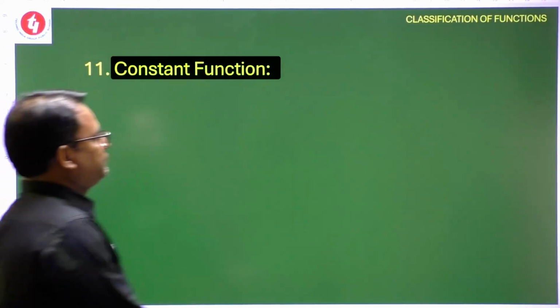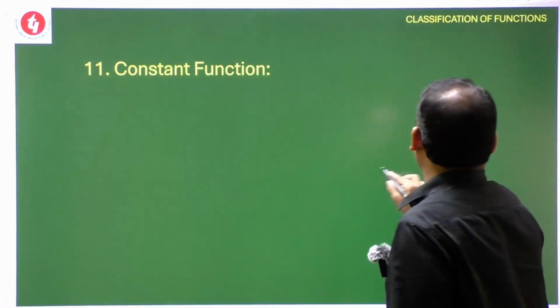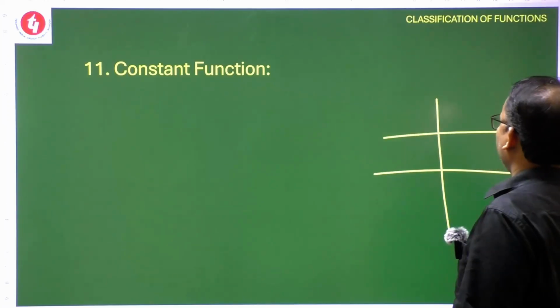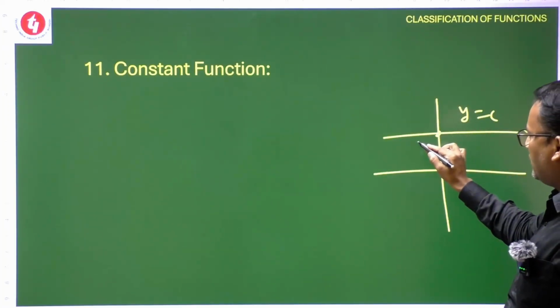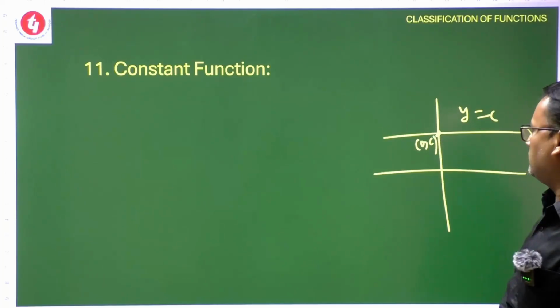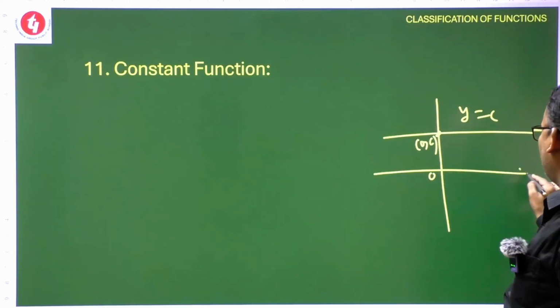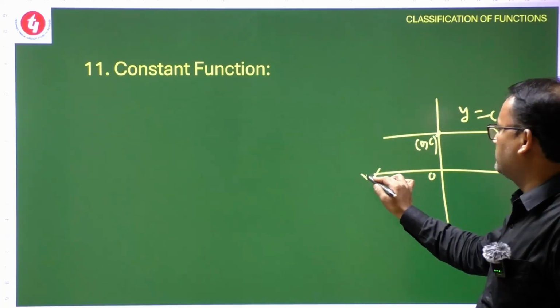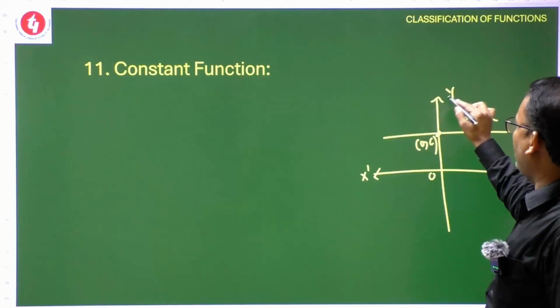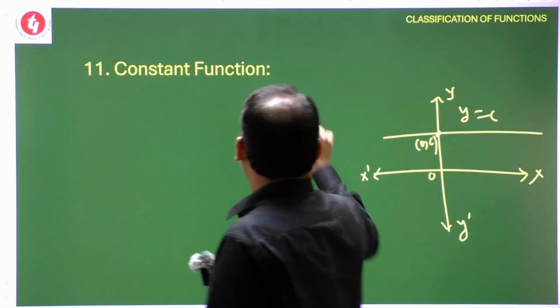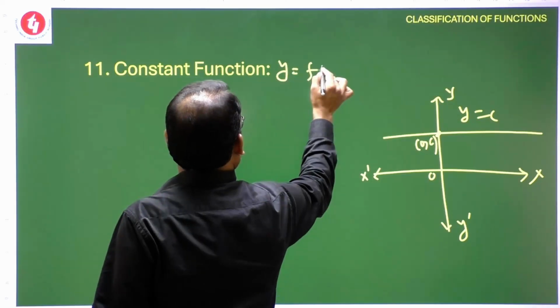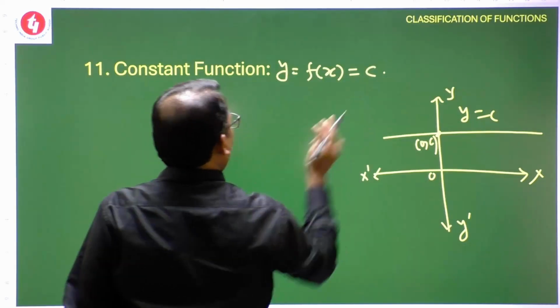Constant function, suppose I have this curve y is equal to c. It intersects the y-axis, when x is 0, at the point 0 comma c. This is our coordinate system, x'Ox, and this one is y'Oy.